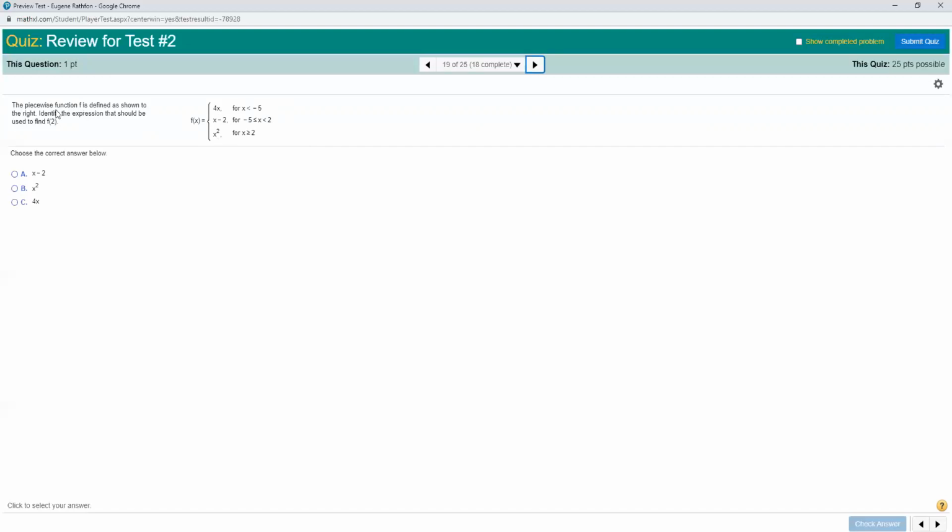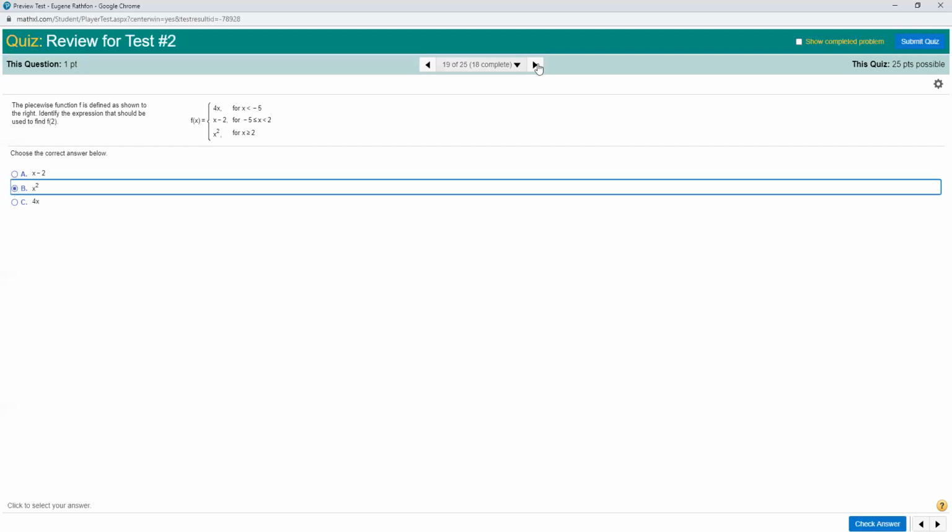So this says, which equation would you use to find f of 2? Well, y'all, 2 is not less than -5. This one says x has got to be less than 2. This one says x can equal 2 or be greater than 2. So I would use the x squared graph, which is B, and then move on.